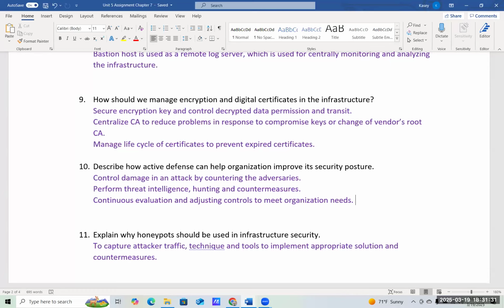Then we would use techniques and tools to implement solutions and countermeasures based on the analysis we perform on the honeypot. That gives us clues and details on who's targeting us and how we can be more proactive in fixing the problem before it happens.